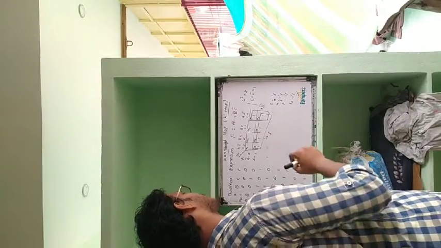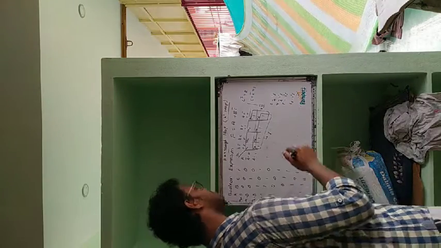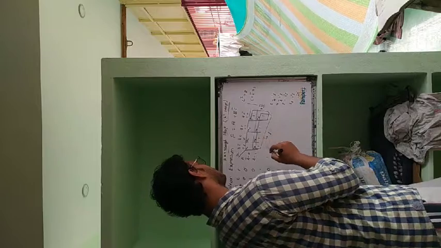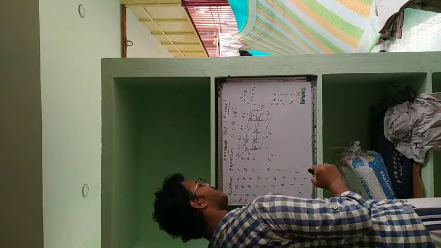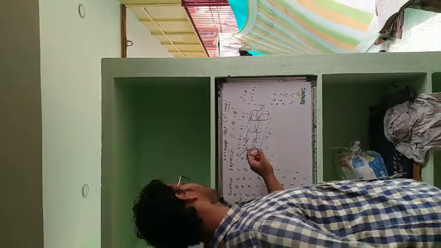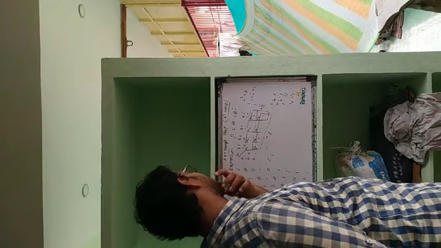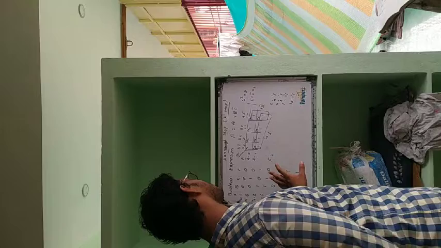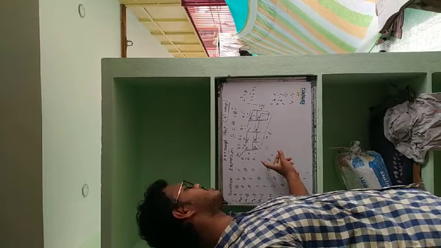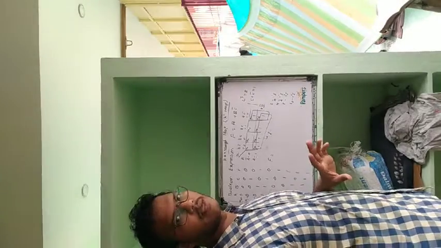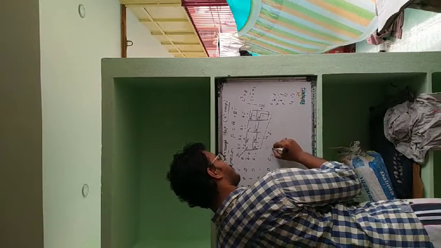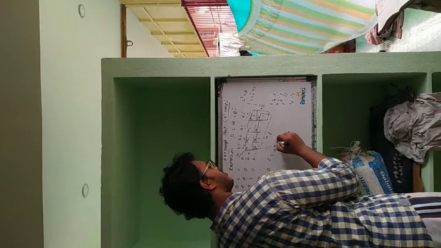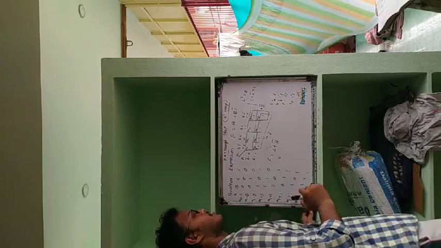One more thing: we have to write the Boolean function, first group and second group, and add them.